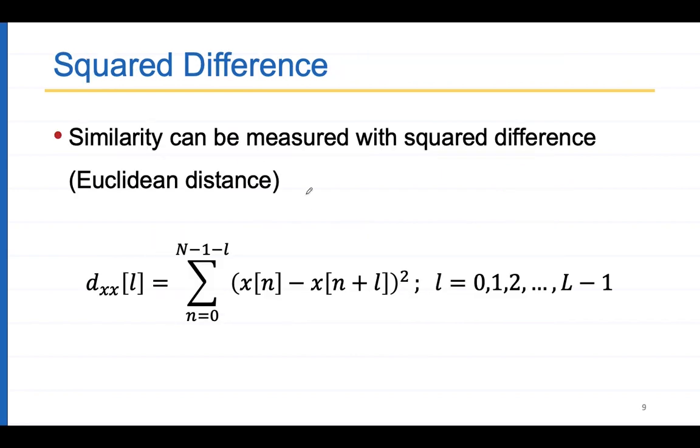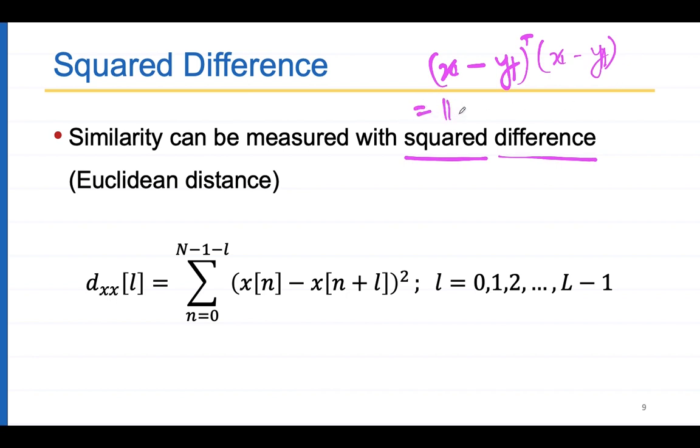Another measure of similarity is squared difference. I can use squared difference to find similarity between two vectors. Let's say I have vector x and vector y, and I want to see if these two vectors are the same or not. What can I do? I can take the squared difference, which is equivalent to the norm of the x minus y vector whole square.